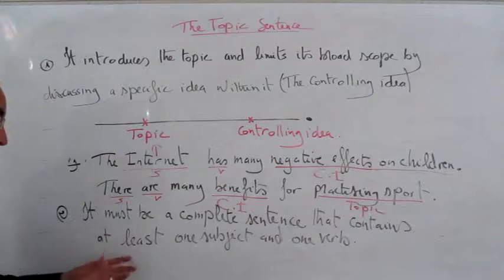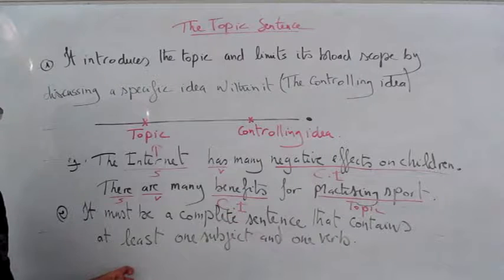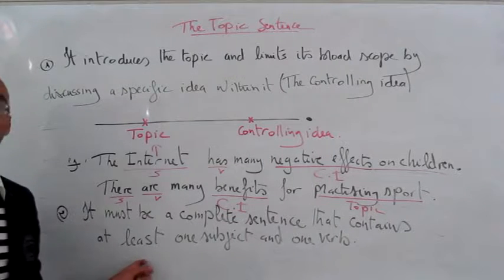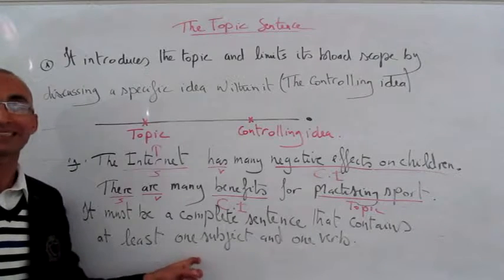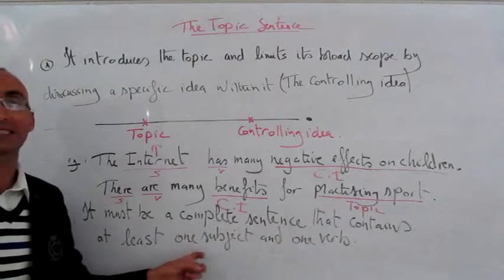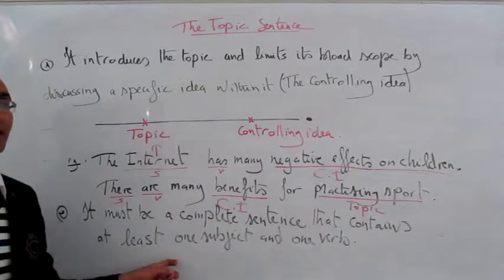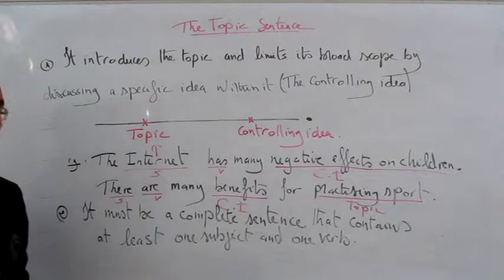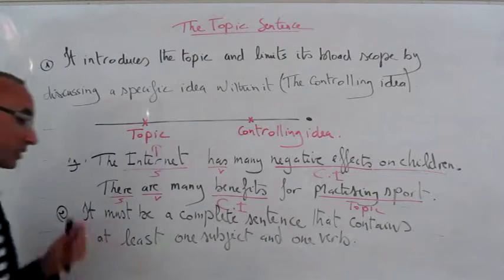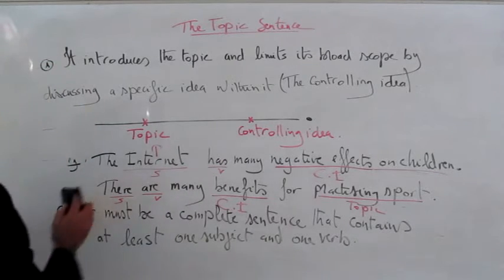For example, if you write "the importance of driving cars," here it is a wrong topic sentence because it's not a sentence, it's only an expression, only a fragment which contains no verb. Clear? No verb. That's why this example is on the board.